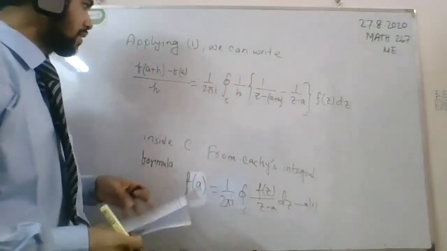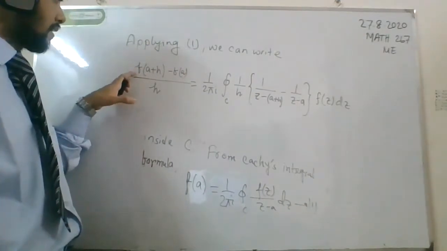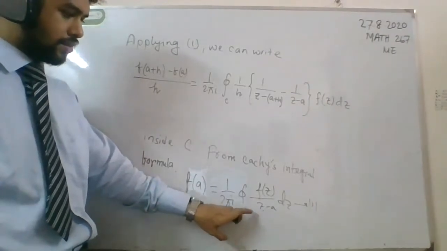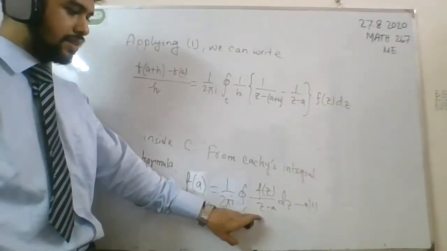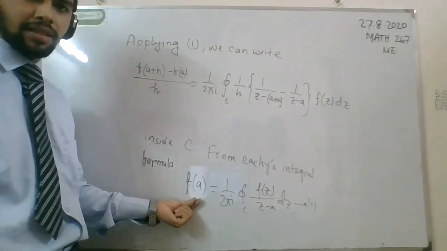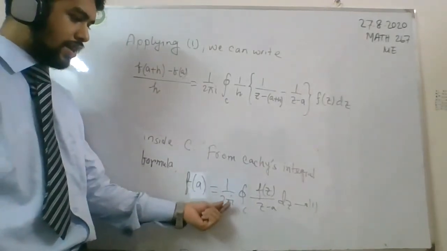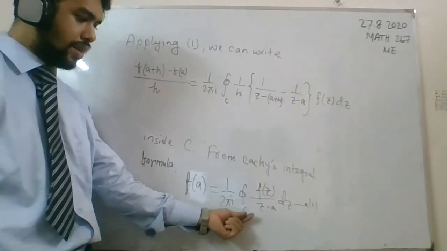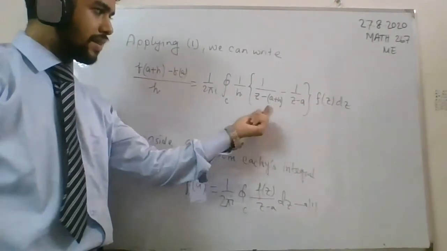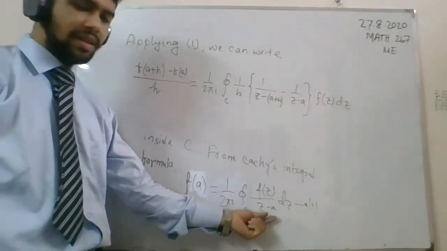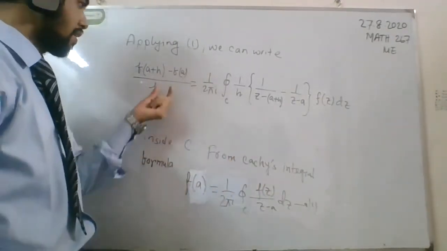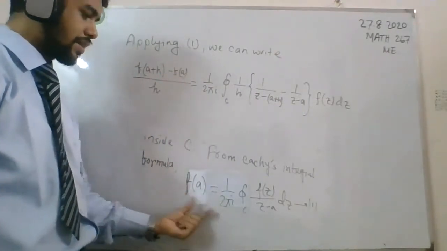So just take a look at what I have done. Here, f(a) equals 1 by 2 pi i integration f(z) divided by z minus a dz. So if I say f(a plus h), then it turns into 1 by 2 pi i integration f(z) divided by z minus (a plus h) dz, and also I can write minus f(a), which is this.